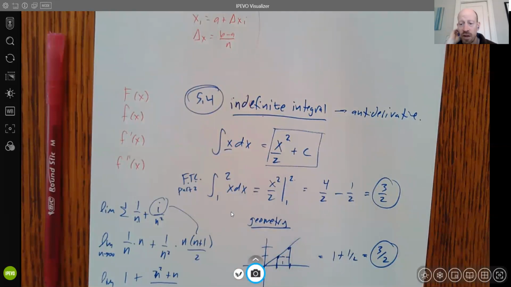If you continue on in Calc 2, you will spend the first, I don't know, quarter to third of the course learning more antiderivative rules, more strategies for finding antiderivatives. Unfortunately, it is not as easy as derivatives. And you might be thinking, well, I didn't think derivatives were very easy.